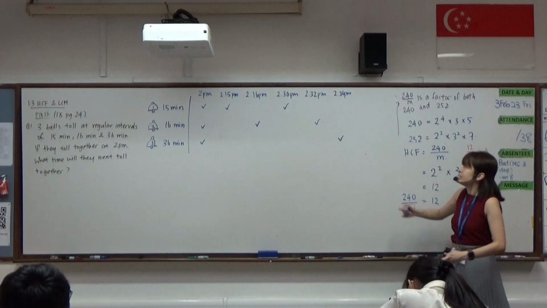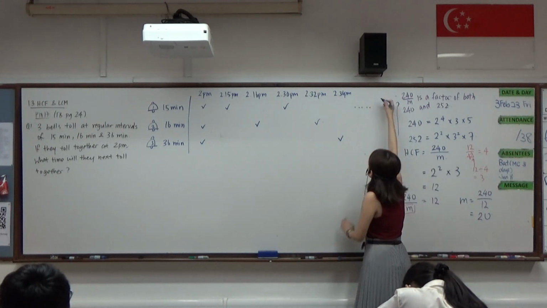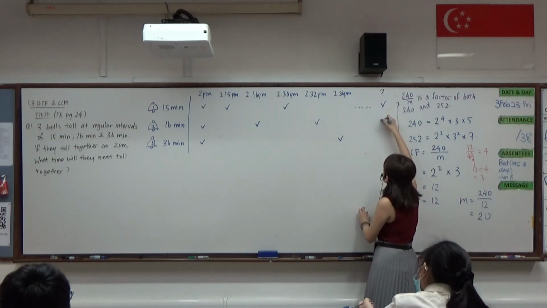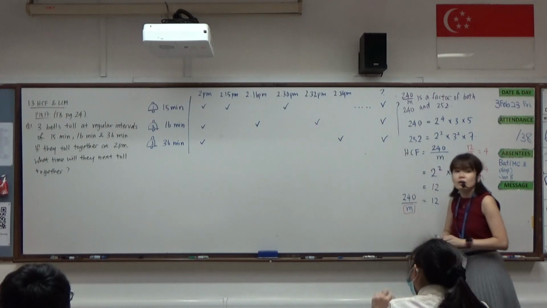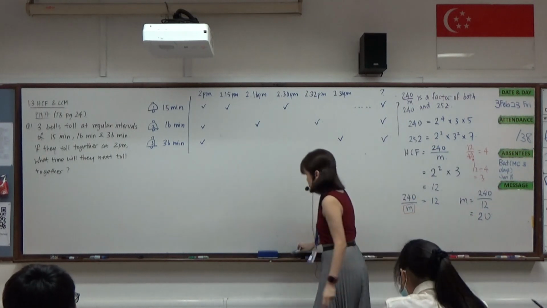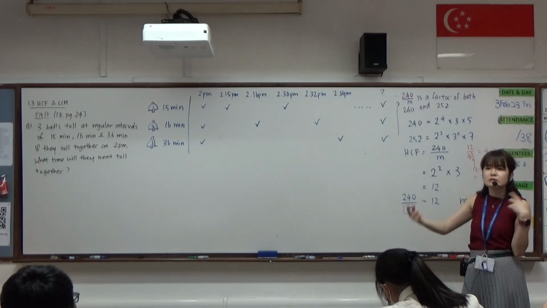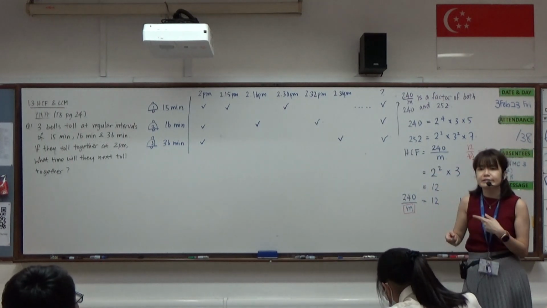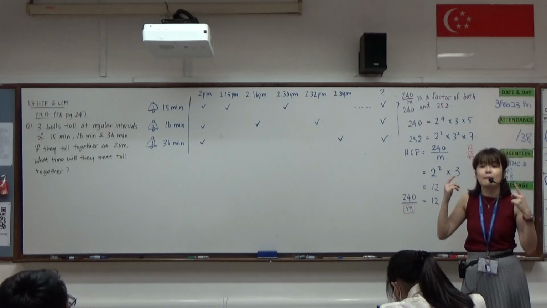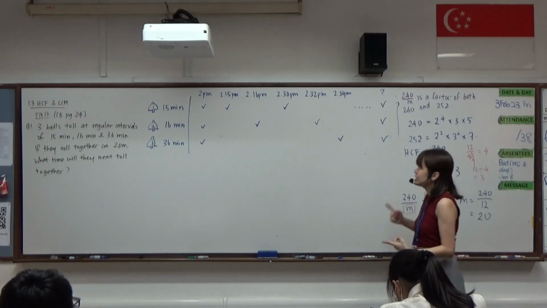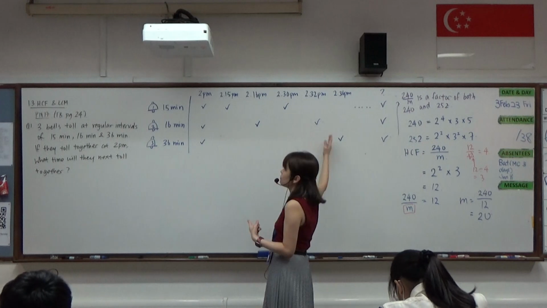The question is asking, if this goes on, what time will all bells ring again? So this is what the question is trying to ask. Should we be thinking about multiples or should we be thinking about factors? We should be thinking about multiples. Why? Because look at the situation over here.